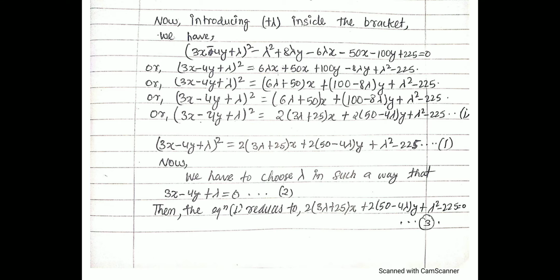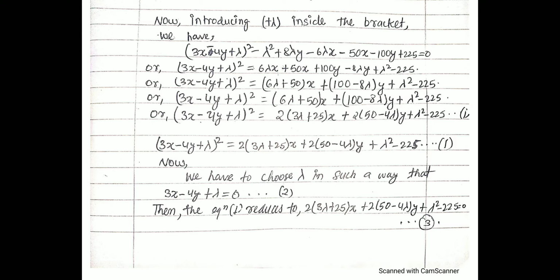So now we will get (3x minus 4y plus lambda) whole square. Again, to balance this we have to write minus lambda square plus 8 lambda y minus 6 lambda x minus 50x minus 100y plus 25 is equal to 0, which on further solution we will get (3x minus 4y plus lambda) whole square is equal to 6 lambda x plus 50x plus 100y minus 8 lambda y plus lambda square minus 25.